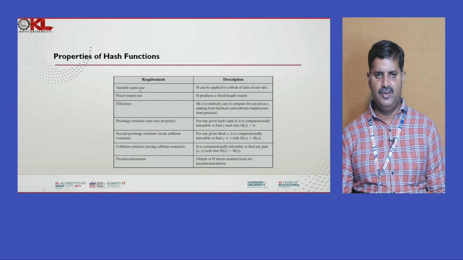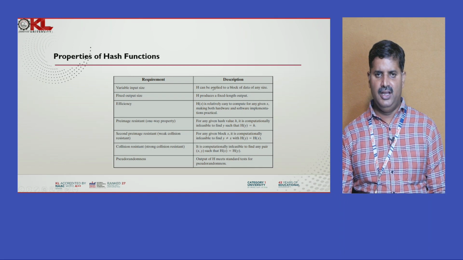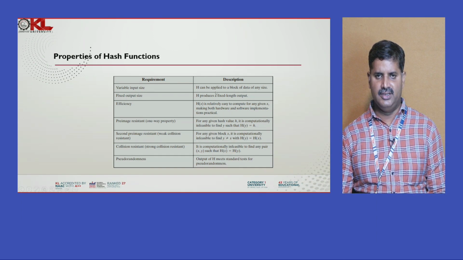Coming to the properties of hash function, there are certain requirements and corresponding descriptions. First one is variable input size. Here the input of the given message is described as H. Then, what is the output size? Fixed size. Here H produces a fixed length output.